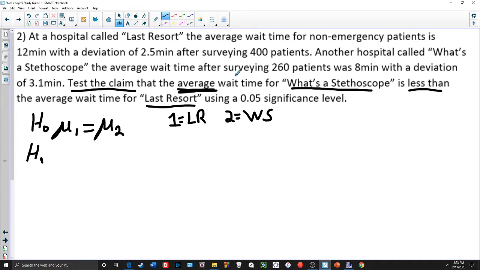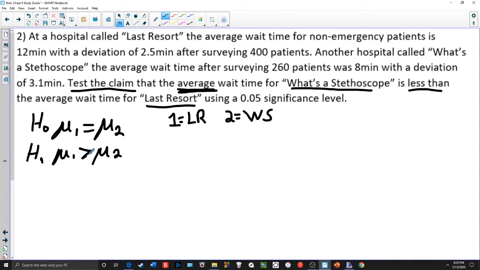So the claim is that What's a Stethoscope's average wait time is less than that of Last Resort. Since I always want mu1 first, it'd be mu1 and mu2. If this is Last Resort and this is What's a Stethoscope, and I'm saying that What's a Stethoscope is less than Last Resort, that means Last Resort should be bigger.